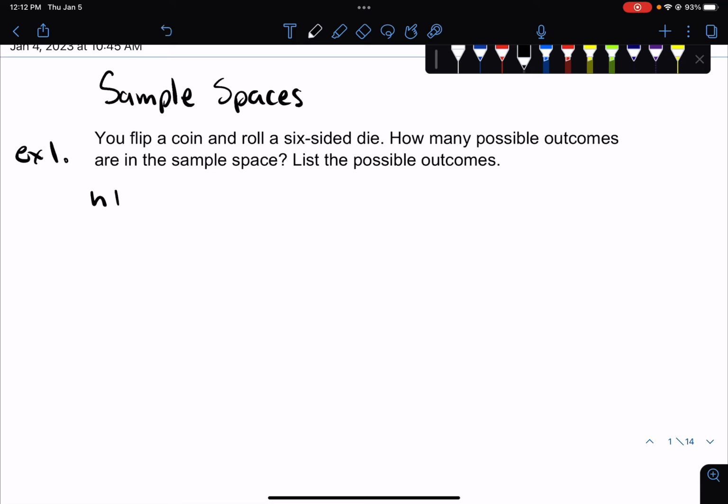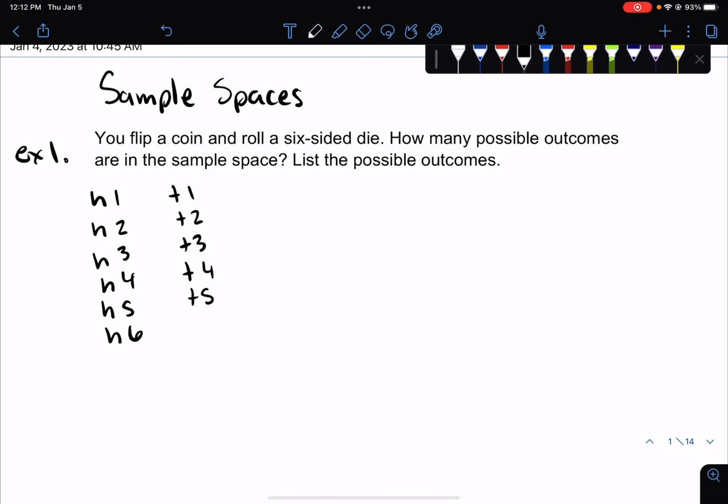I could also get heads and a 2, heads and a 3, heads and a 4, heads and a 5, heads and a 6. Or I could get tails and a 1, tails and a 2, tails and a 3, tails and a 4, tails and a 5, tails and a 6. Those are all the possible outcomes.